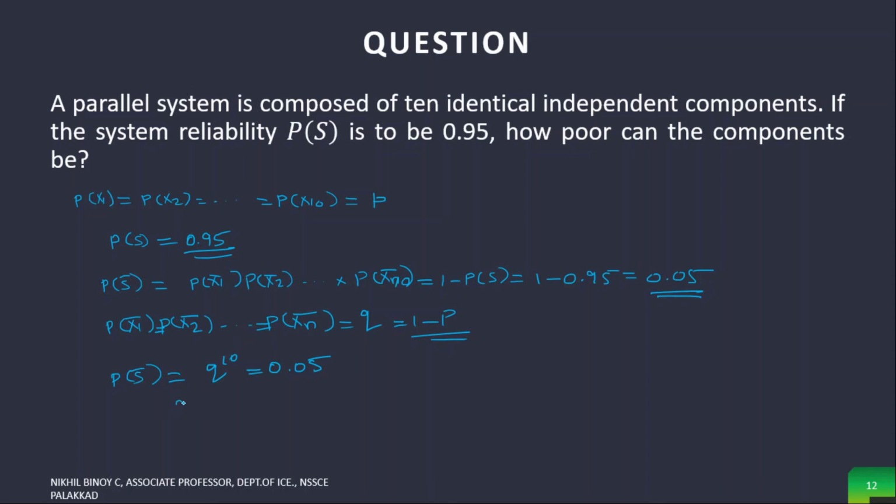So my question is, what is Q? Q is equal to 0.05 all raised to 1 by 10, that is 0.05 raised to 0.1, equal to what?